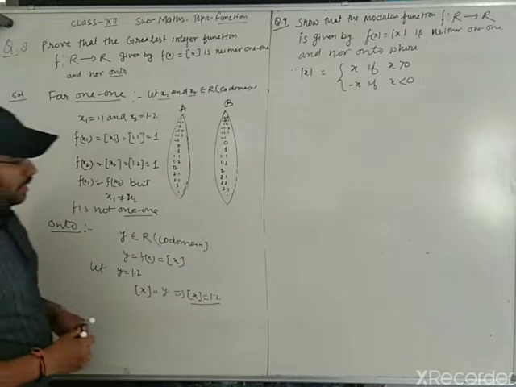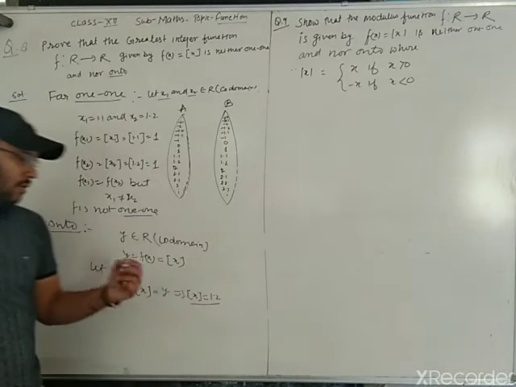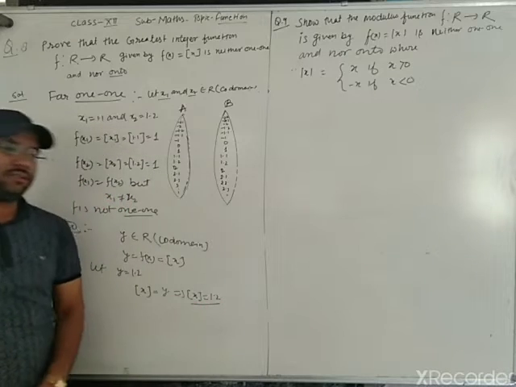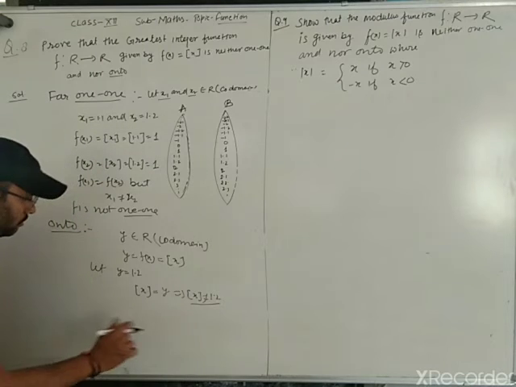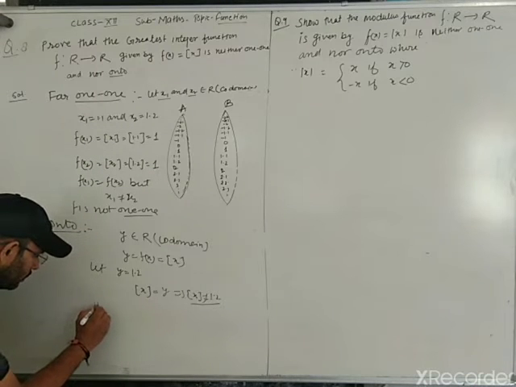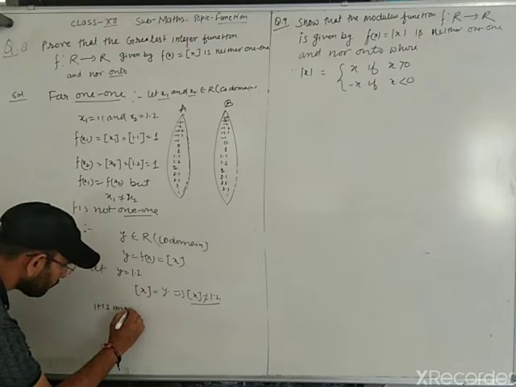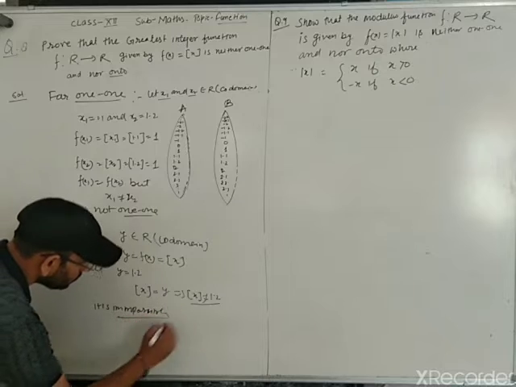Okay, so there is a problem. The problem is that we cannot get a decimal answer from the greatest integer function. So it means it is not possible. We can say it is impossible. Clear?